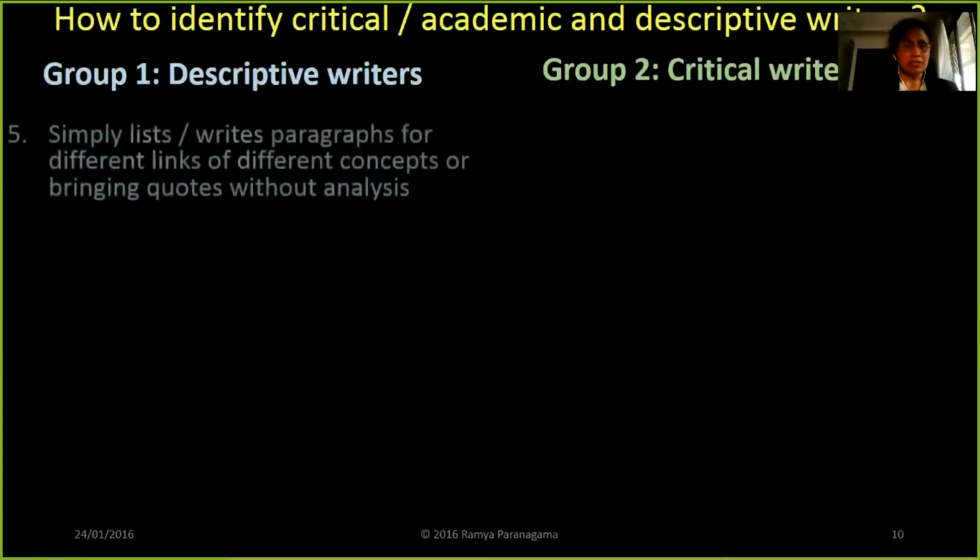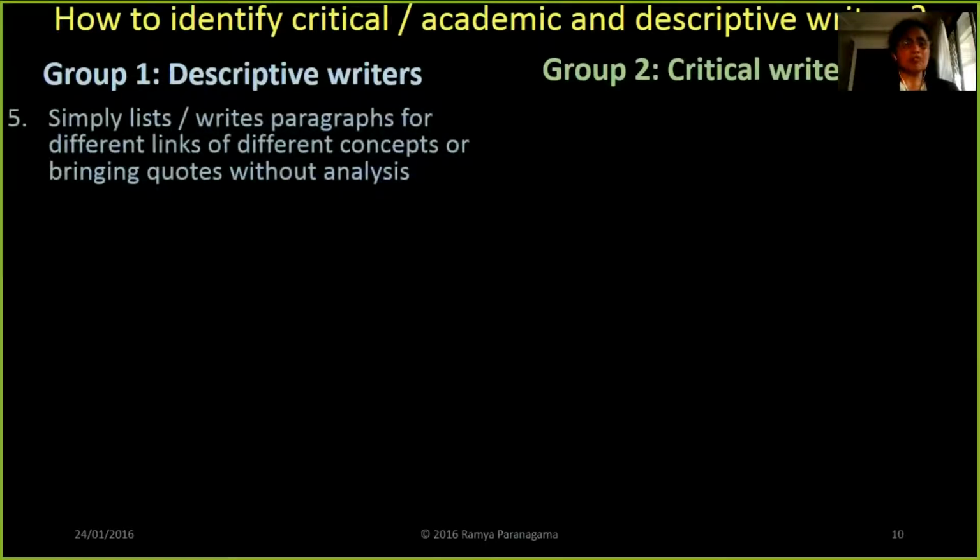The fifth difference is the descriptive writers write paragraphs. They keep writing on and on and on of concepts, and they love throwing quotes without any analyzing. They say something and bring a quote. So the way they write, you can convert man into a woman and vice versa because someone says so.